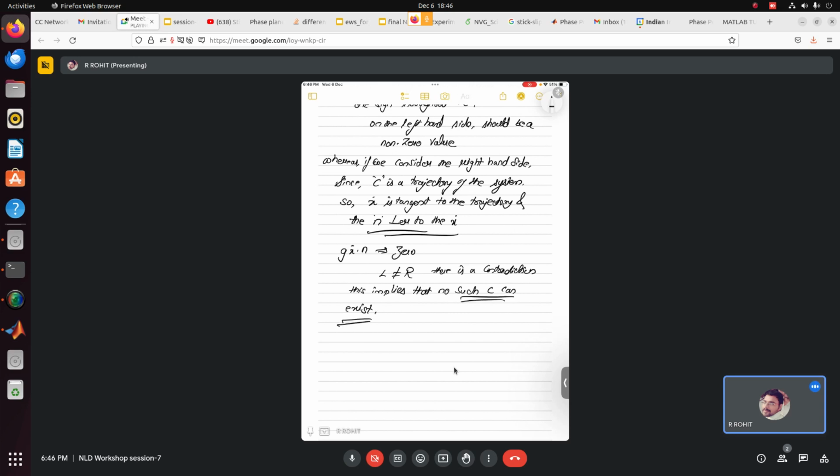So this tells that if you are able to prove that your system has a function like g x dot of this, and it has a single sign throughout the region R, then you don't have any closed orbit.